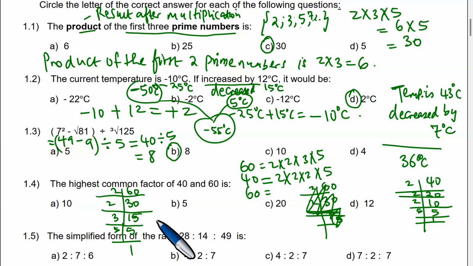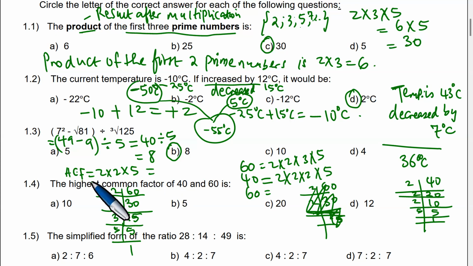So which means the highest common factor is what? To get the highest common factor, you look at what is common. How many 2's are common here? This one has 3 of them, so 2 of the 2's are common. And then 5 is also common.